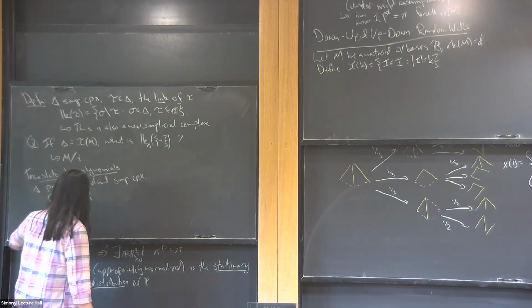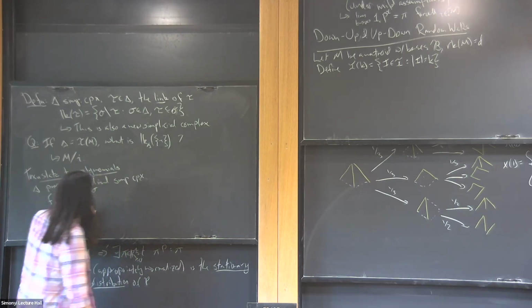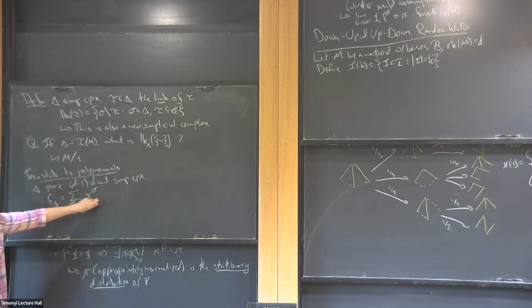Let me change these to x^tau. By this, I just mean the product of all of the x_i for i in tau.